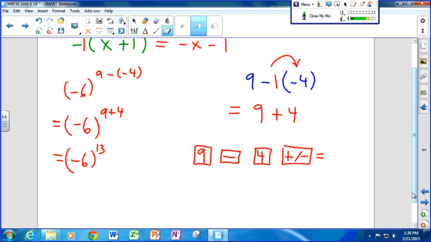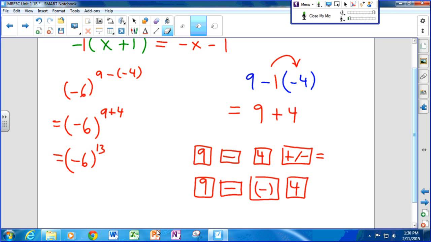On other calculators, there's another button, a negative sign in brackets button, and you can press it before a negative number. So it's a more conventional way of entering things, but this negative sign in brackets is not the same as the minus button.